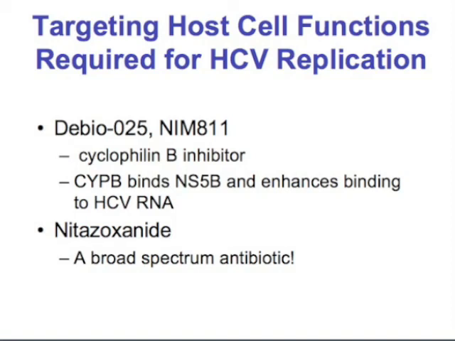And it turns out that there's also a broad-spectrum antibiotic, nitazoxanide, that's actually been shown to have anti-HCV activity both in vitro and in vivo. So these are examples of drugs that attack cellular targets and can prevent virus replication.